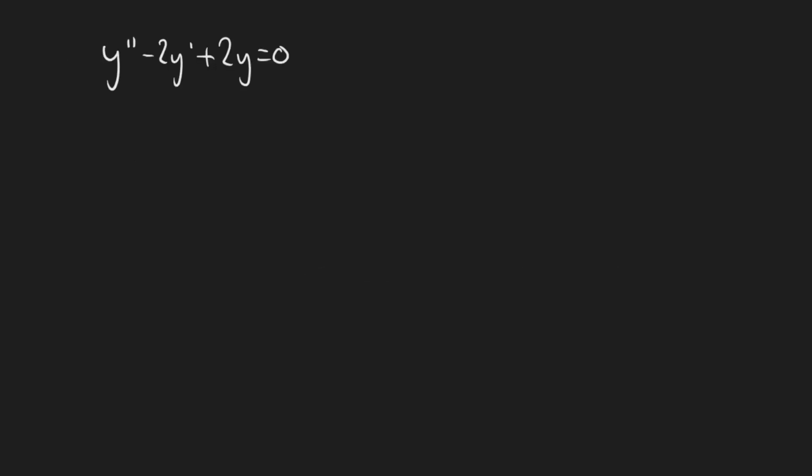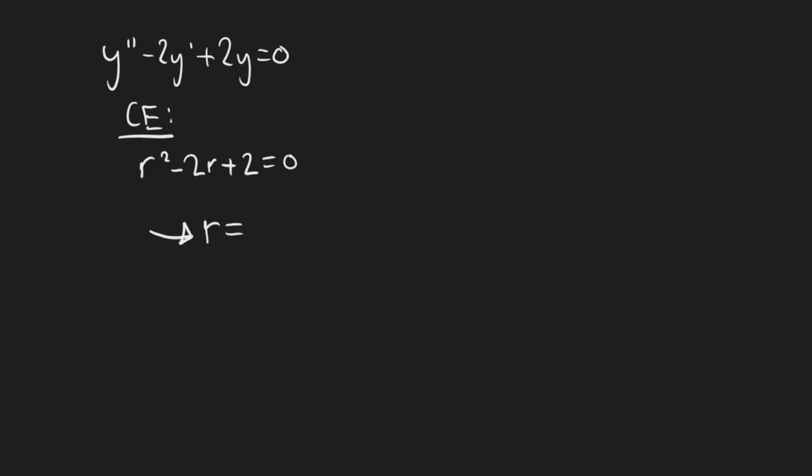All right, here we go. Let's go ahead and write out our characteristic equation here. So r squared minus 2r plus 2 equals 0. Now this is not factorable, so looks like we should just go for the quadratic formula here. So let's see, r equals negative b.